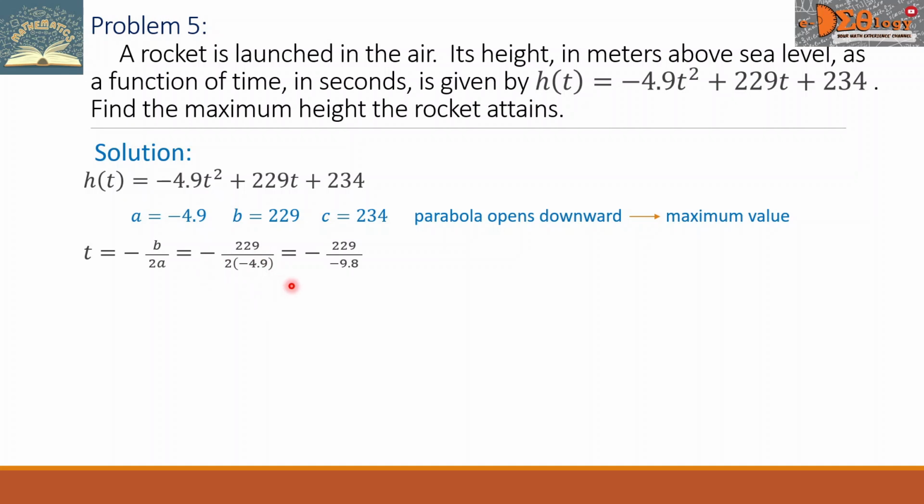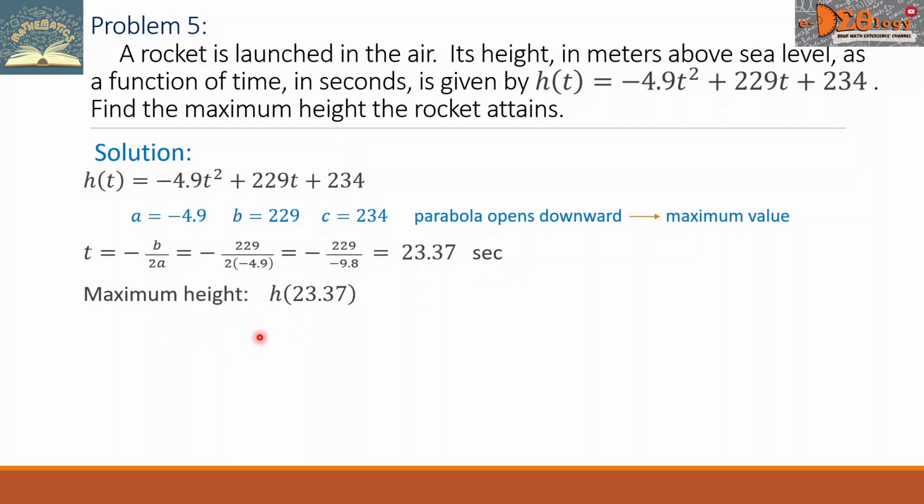The denominator becomes negative 9.8. Finally, when we get the quotient, the answer is positive 23.37. Note that this is t, or time, in seconds. That means this rocket will reach the maximum height at 23.37 seconds. Now we want the maximum height.